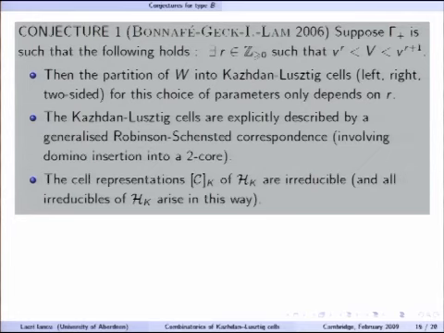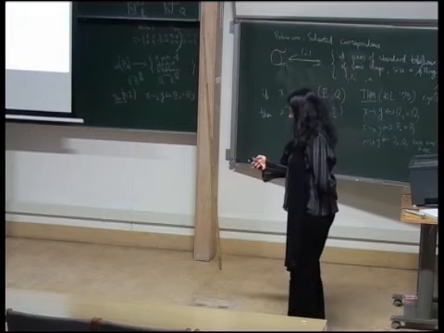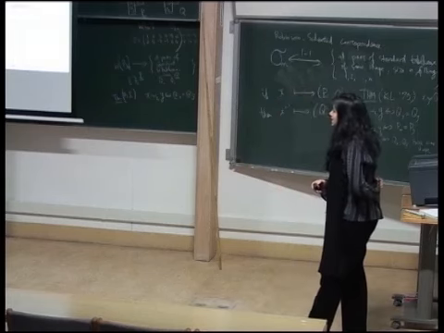And then, in such a case, the cell representations of H sub K are irreducible, and all irreducibles arise in this way. So this would be a very nice result. For the time being, it's a conjecture.